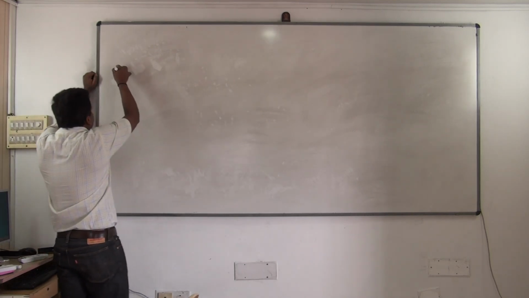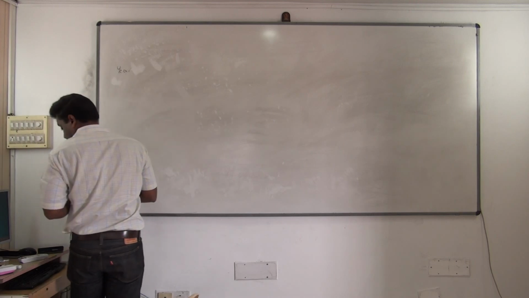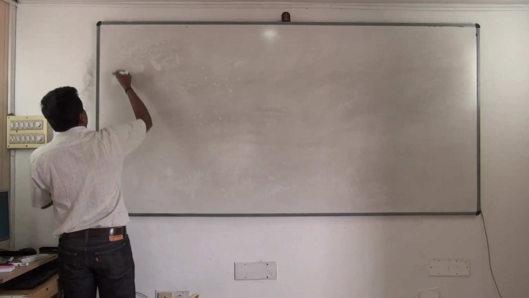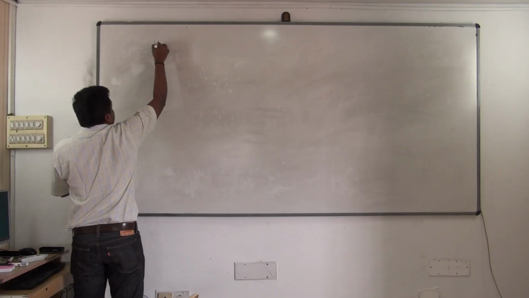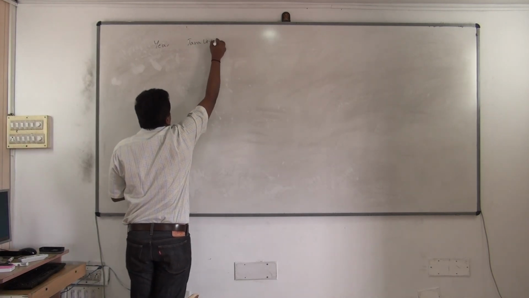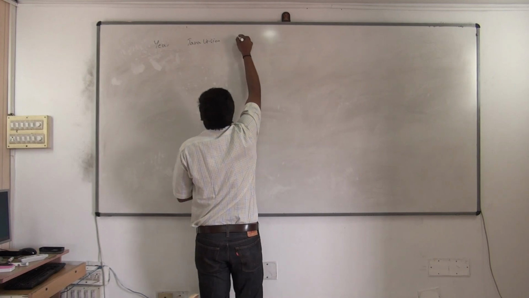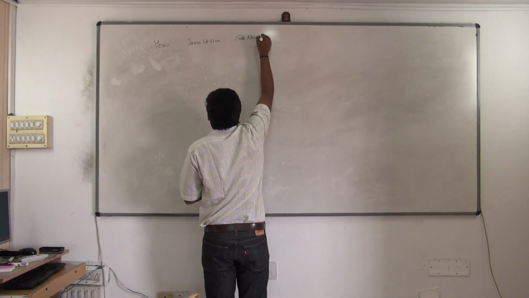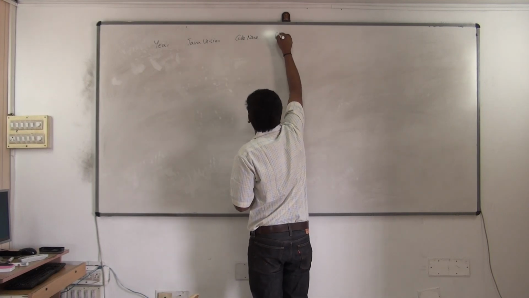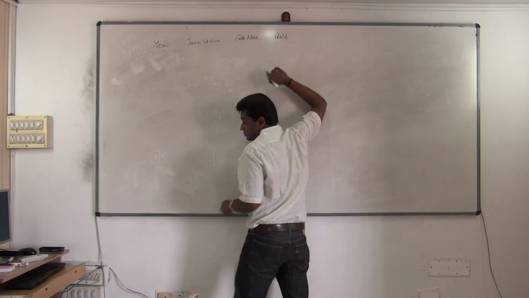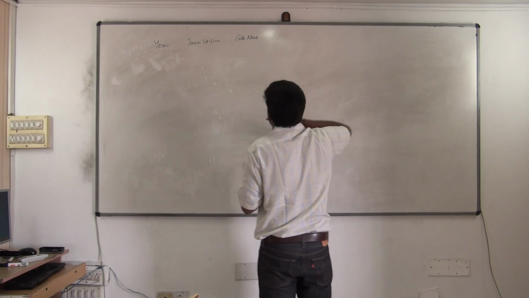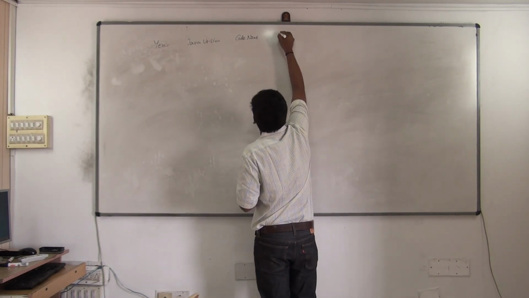I'll write here: year, Java version, code name, platform. There are 3 platforms.